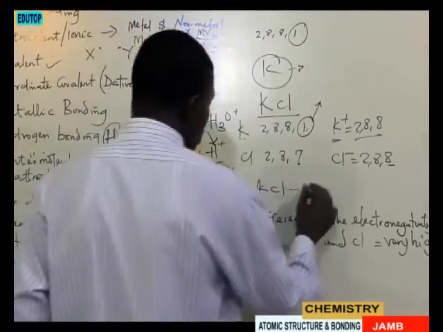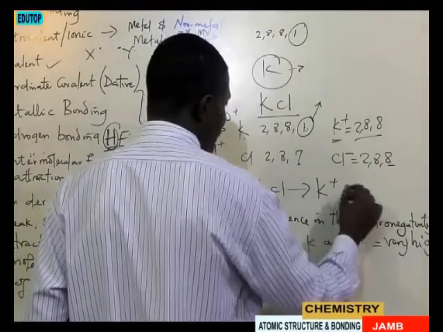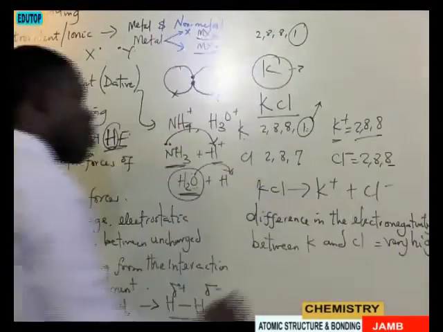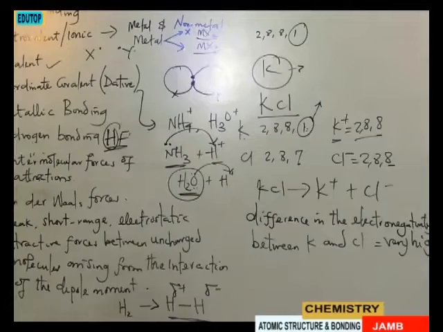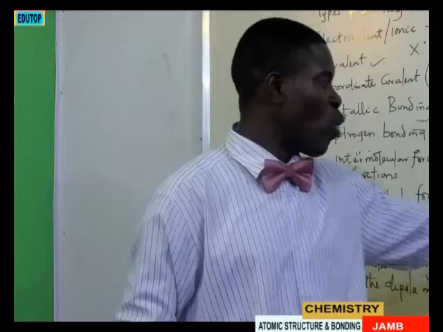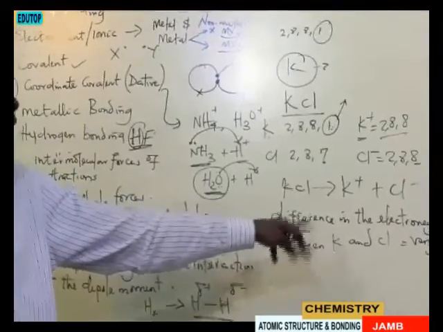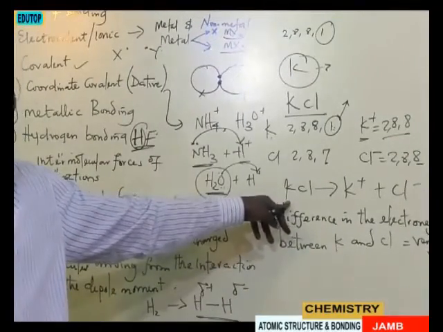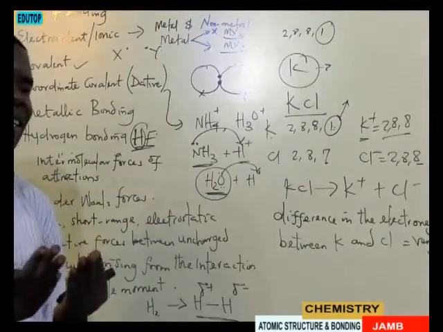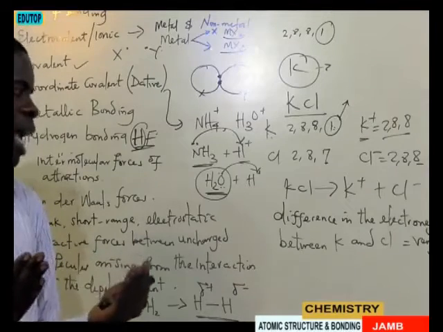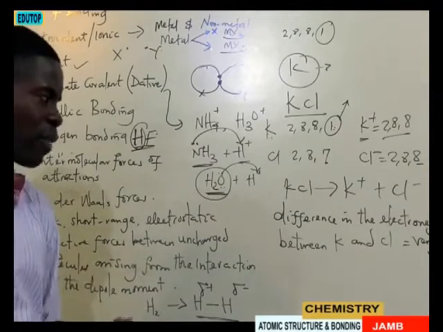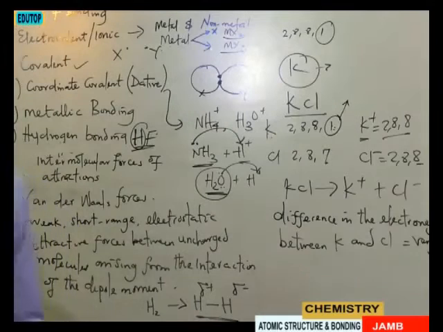That means such a molecule will be polar. And when it's polar, that means it will dissolve in water. Take note of that. So when you have a very high electronegativity difference, it is ionic, that is polar. But when there is a small electronegativity difference, it will be covalent. Take note of that fact also.